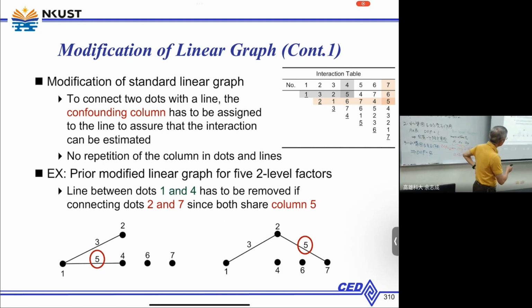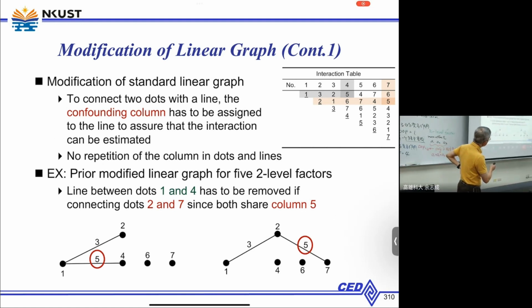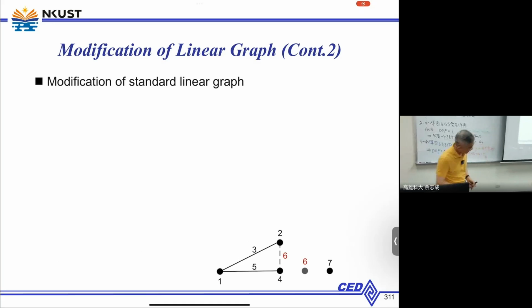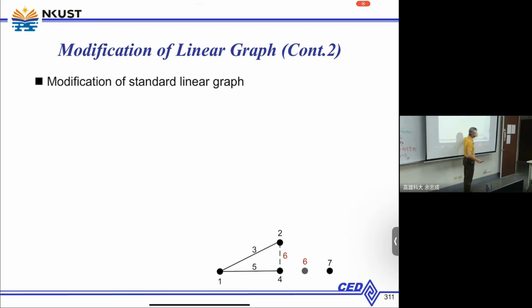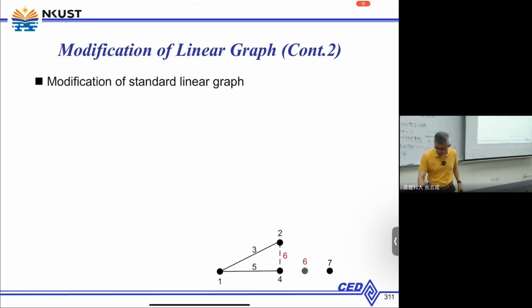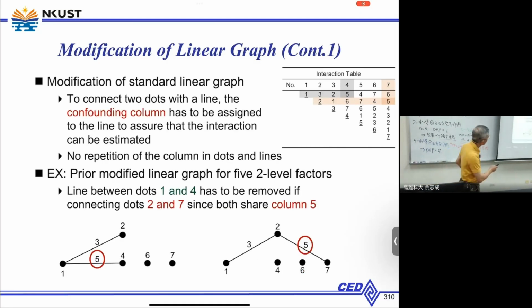You can see that 2, 6 will appear in column 4, right? Column 4, this one. So if you want to connect 2, 6, you will need 2, 4, not 2, 6. If you want to connect 2 and 4, it will appear in column 6.